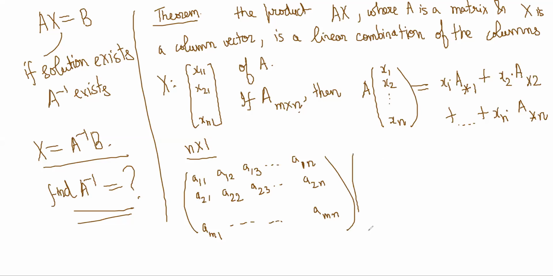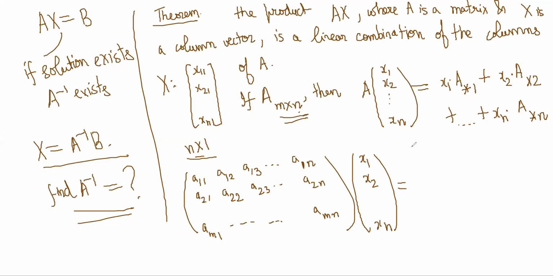And if I do a product with the X matrix, A was m cross n, and this was n cross 1. So what should be the order of the answer? M cross 1.